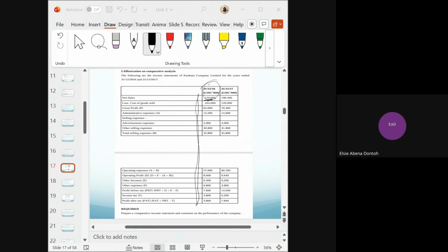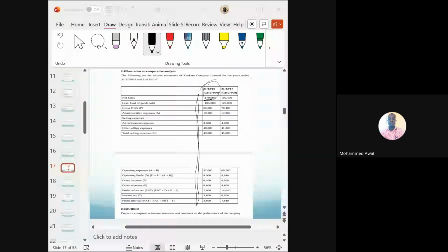Yes, madam. What did you get? Please, I'm a bit confused because someone is saying 112.